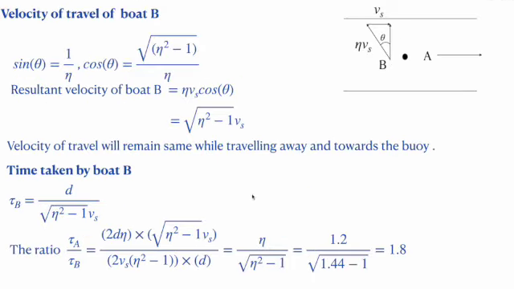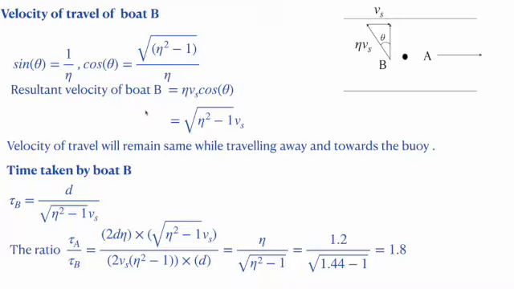Now let's calculate the velocity of boat B. The resultant velocity of boat B can be calculated by evaluating the angle at which the boat starts traveling, or projects itself. So the angle will be such that sin θ is 1 by η, and cos θ will be square root of 1 minus sin square θ, which equals square root of (η square minus 1) divided by η.